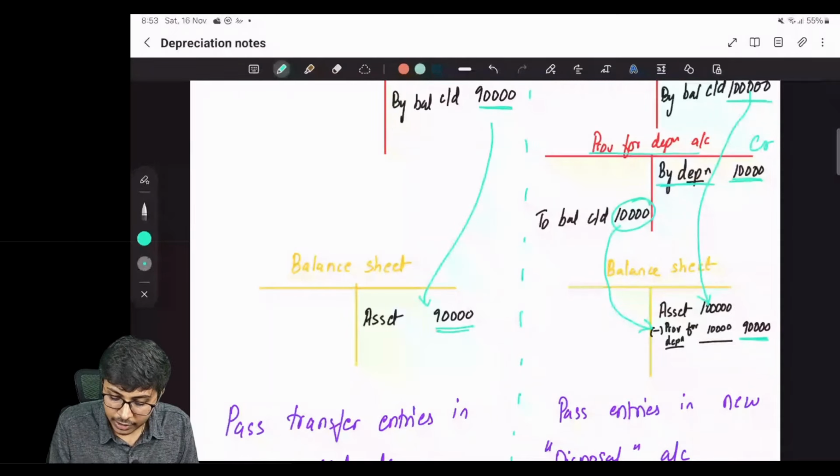That is what they're telling. On the same date, they purchased another for 4 lakhs. Now they're telling depreciation was provided annually on 31st December at the rate of 10% on written down value. WDV method, easy. So 31st December 2021 again came. If you put this timeline, it will be very easy for you to find out.